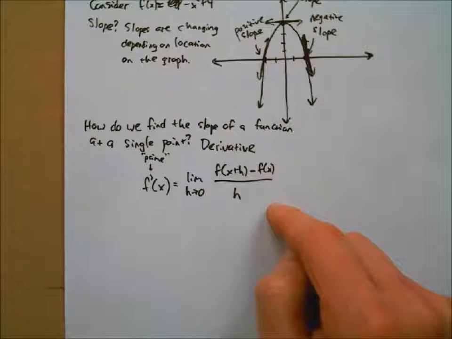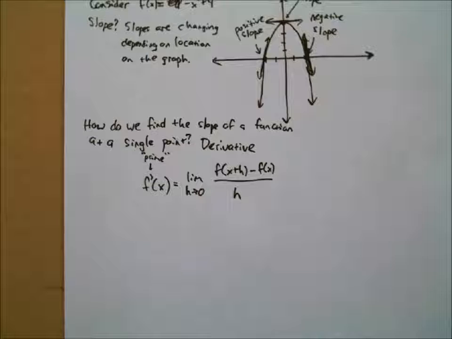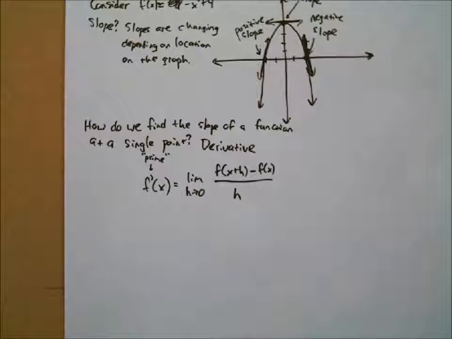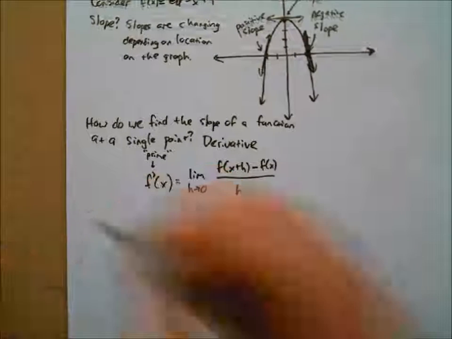So this is an indeterminate form if you try a direct substitution right off the bat. But often we can simplify something, then plug in the 0 so that it's no longer an indeterminate form. So direct substitution right away results in 0 over 0, but we will be able to simplify it.